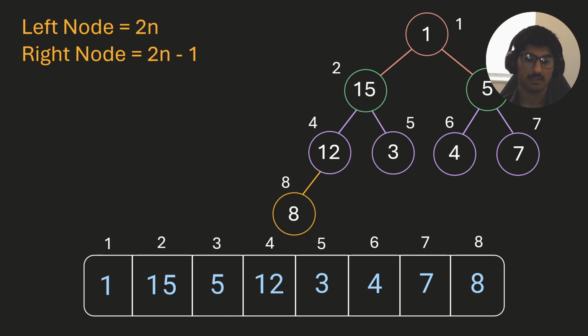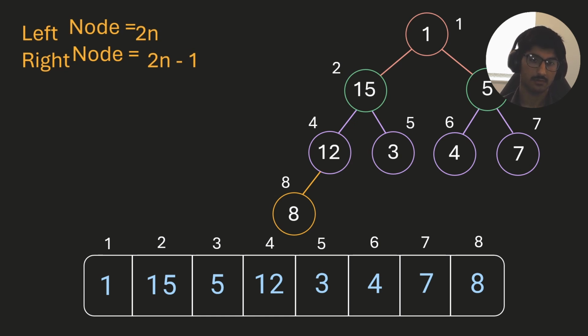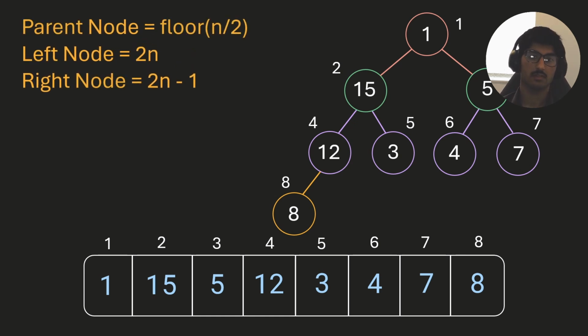Now, if I want to get, let's say, the parent node, I can do this formula. So I take the index of the element I want to find the parent node of, I just divide it by 2, and then I floor that, which basically means I round that index down. So if I got, let's say, index 4, for example, which has a value of 12, I divide that by 2, then I end up getting a value of 2, which is the parent node, 15.